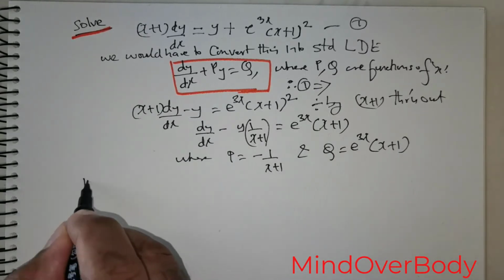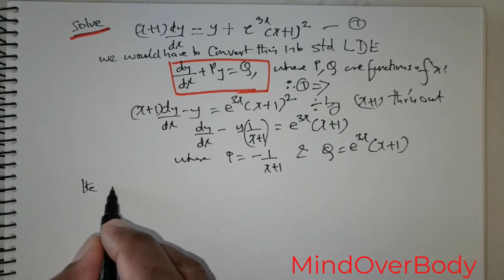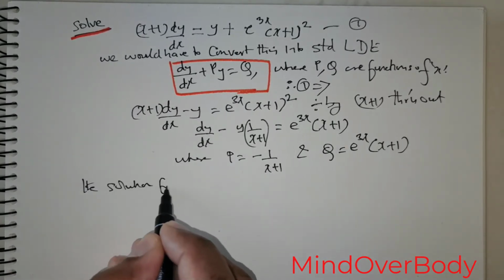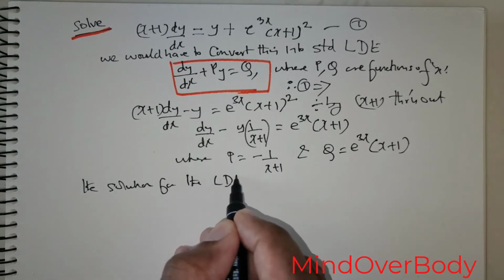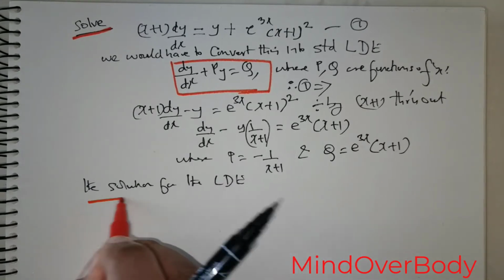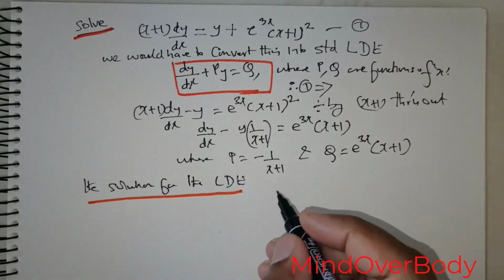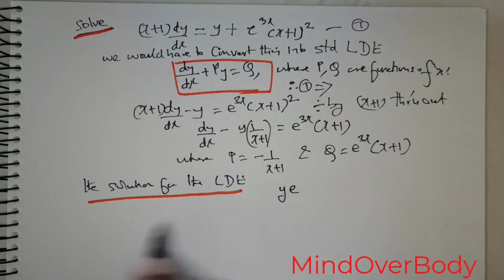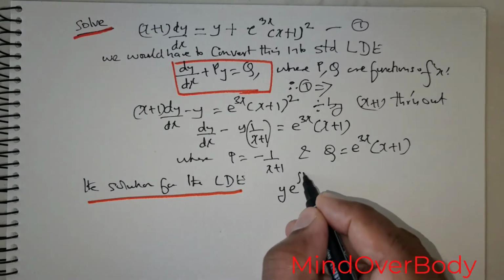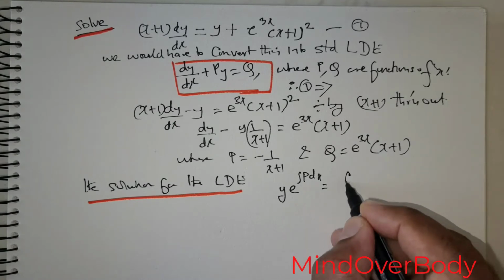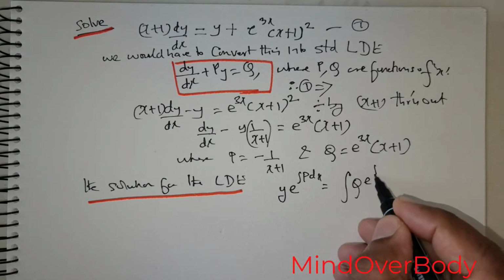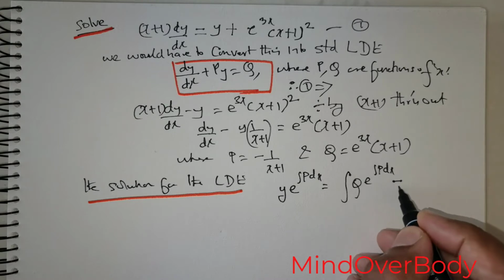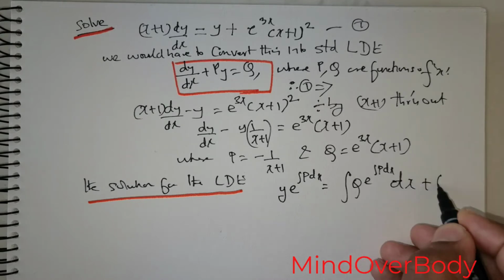Now the solution, excuse me, the solution for the LDE. What is the solution for the LDE? We achieved a solution as y times e raised to the power of integral p dx is equal to integral q times e raised to the power of integral p dx, of course, times dx plus c.